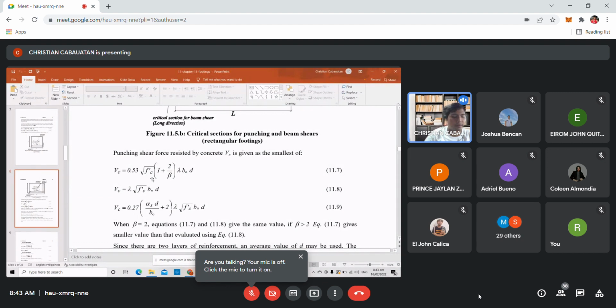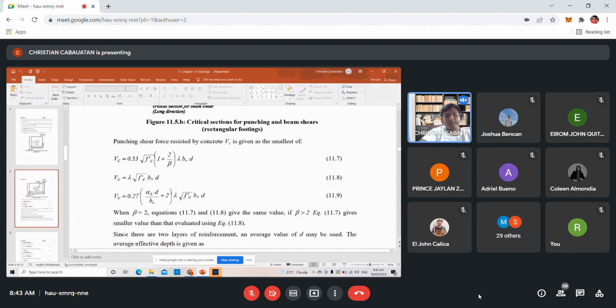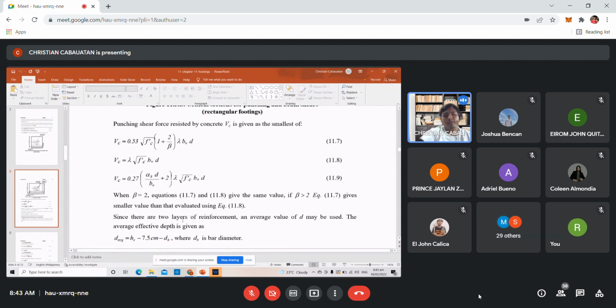Wala. Hindi, nakalimutan nyo na yung topic nyo. I think sa last part ata ng RC to. Yeah, the considerations sa columns, sa slabs. Yun. Columns, slabs, marami pa.